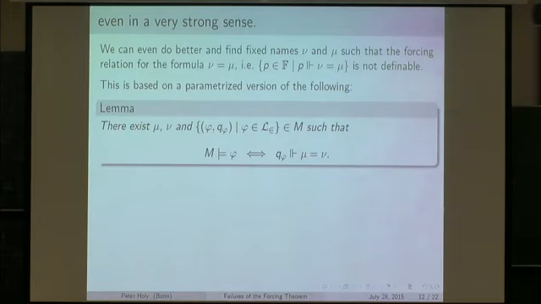And the key to this is the following lemma, which says that there are names mu and nu, and there's a set of pairs in our ground model M of pairs phi and conditions q phi, such that M satisfies the formula phi if and only if q phi forces that mu is equal to nu. And this works for parameter-free formulas, and actually one can get something similar for formulas with parameters. So that's what I mean with parameterized version here.